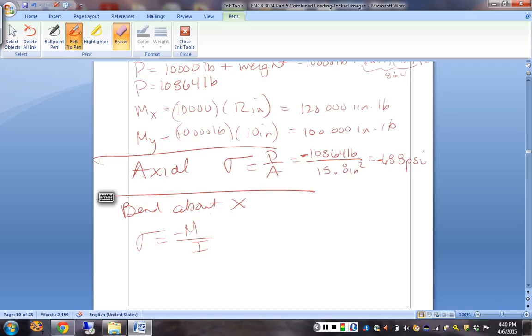Instead of Y, I'm going to say plus or minus MC over I. What's my bending moment for that one? Let's go to Chance. Okay. About X. Either 120,000. Yeah.